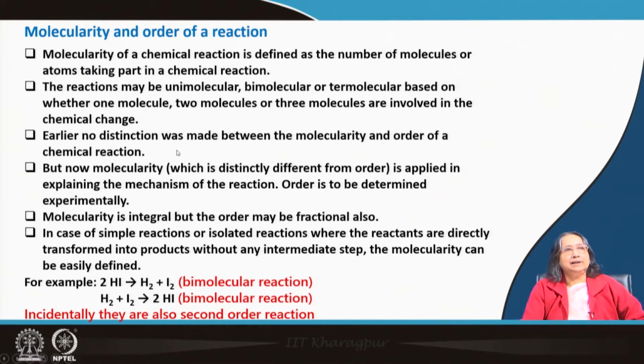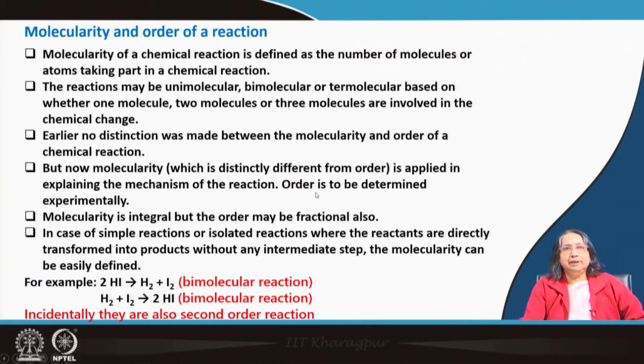But now, after the discussion of chemical kinetics in module 3, you all know that molecularity and order are not the same. Usually we apply the term molecularity to explain the mechanism of a chemical reaction, but order, you know, we have no control.